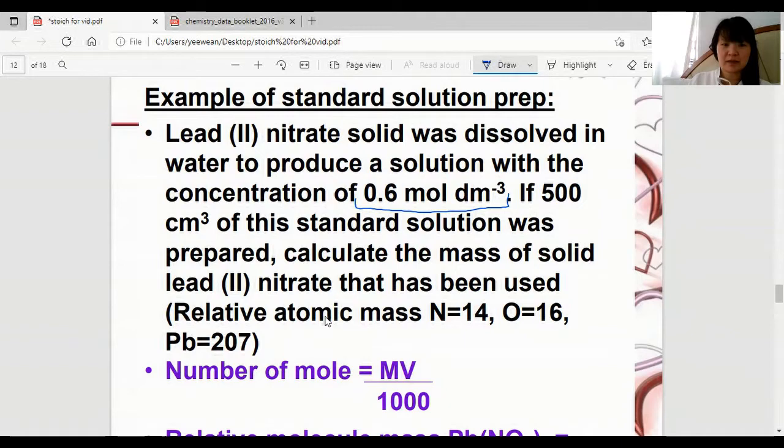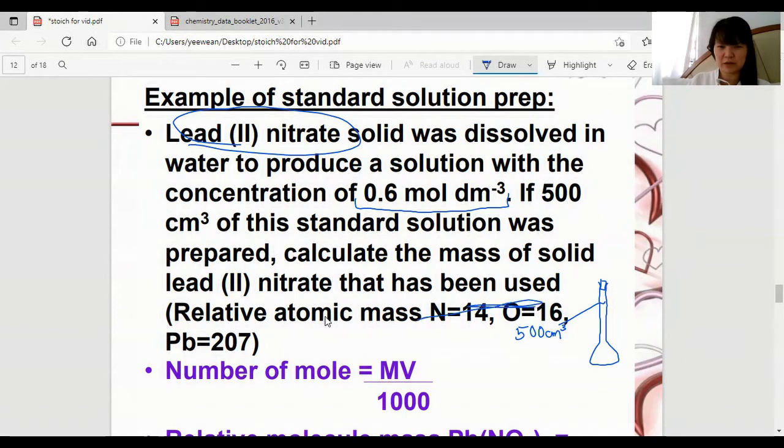If 500 cm³ of this standard solution was prepared, so imagine we have a volumetric flask. A volumetric flask has a cover like that, and a little mark that shows 500 cm³. Calculate the mass of lead nitrate solid that you need.